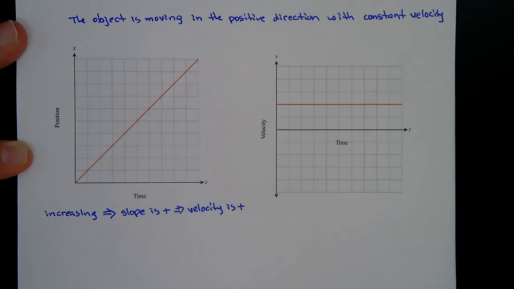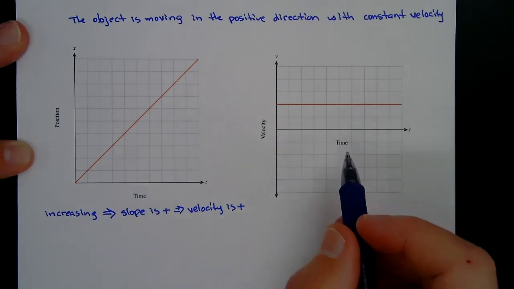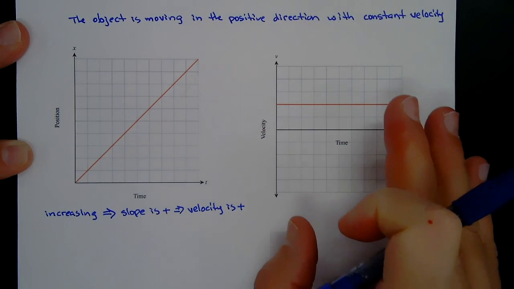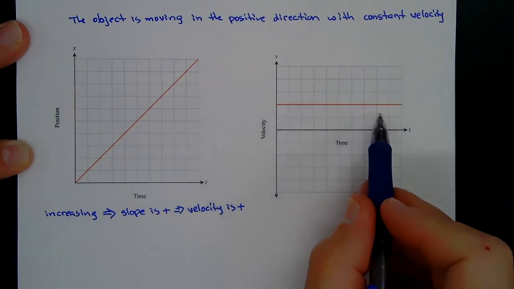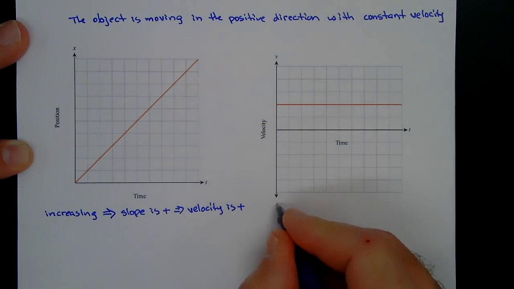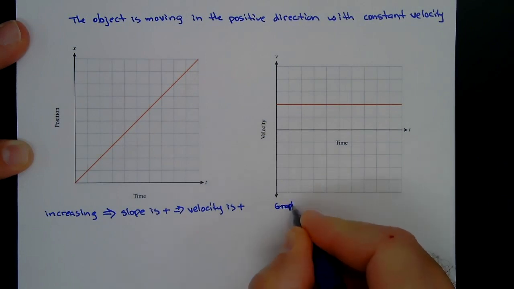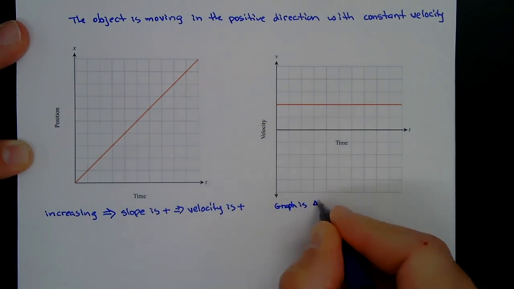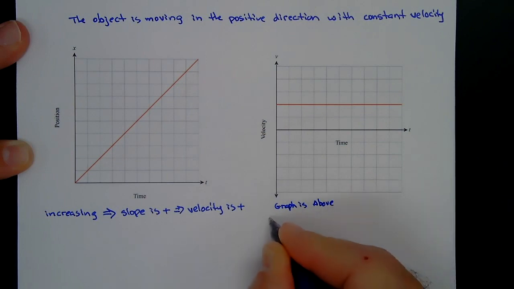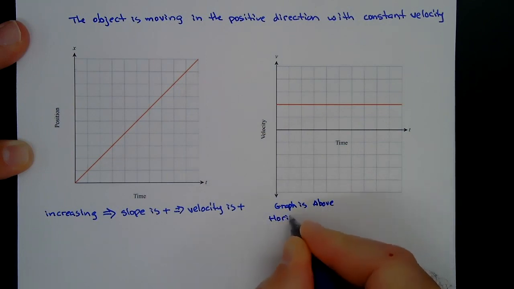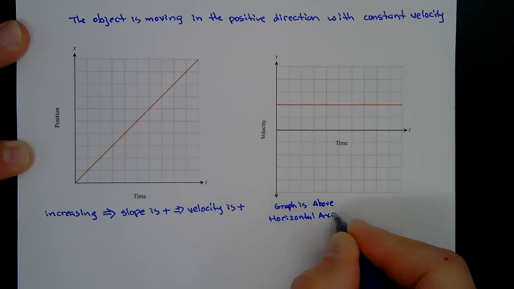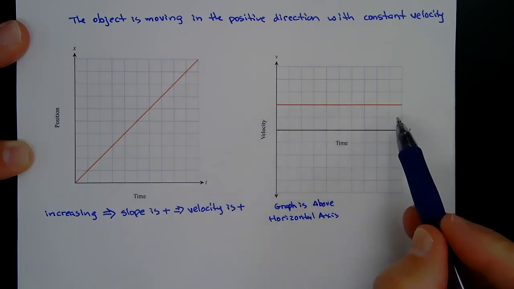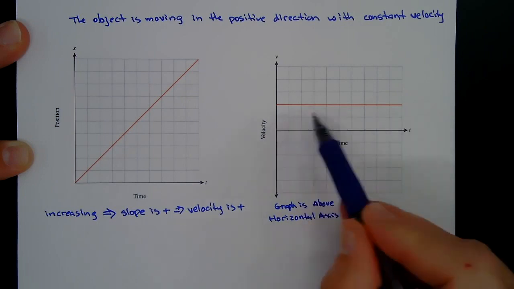In the normal way we align things, okay? Over here, the way we can tell that the velocity is positive is the graph is above the horizontal axis. Okay, so all of the outputs for this, the inputs are the time and the outputs are velocity.